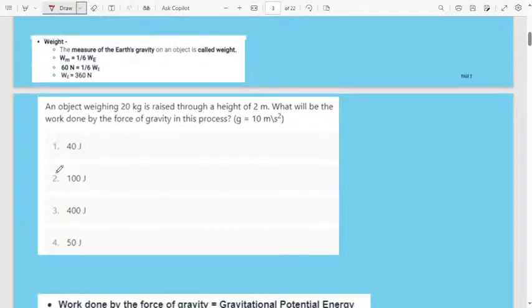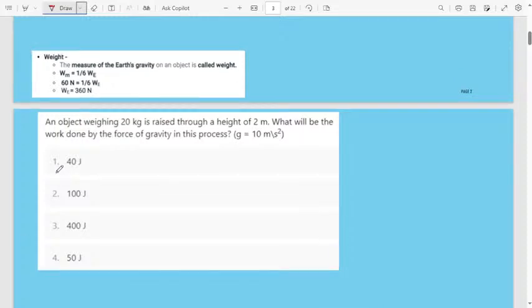Let us move to the next question. An object weighing 20 kg is raised through a height of 2 meter. Consider a wooden box having a weight of 20 kg, raised to a height of 2 meter.